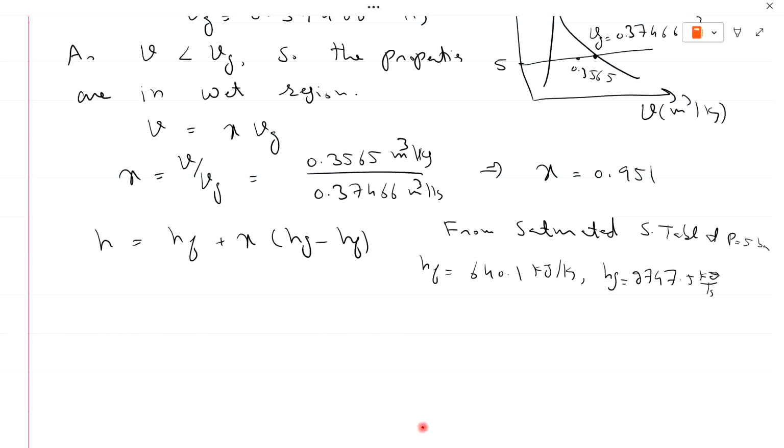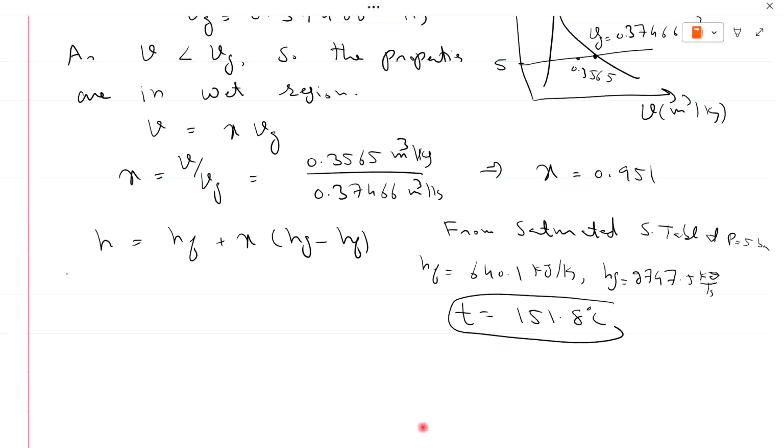Similarly, to find Uf from the table, Uf is equal to 266, and temperature is equal to 151.8 degrees centigrade.